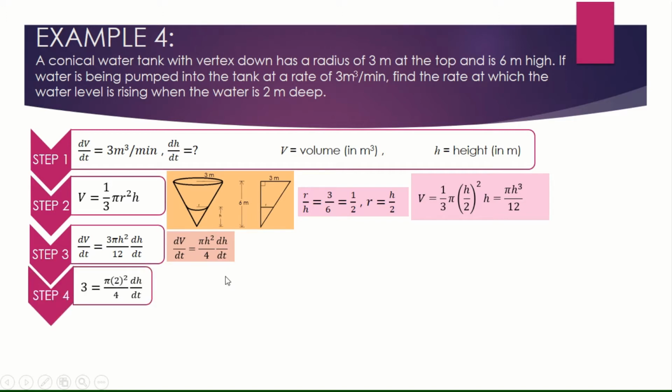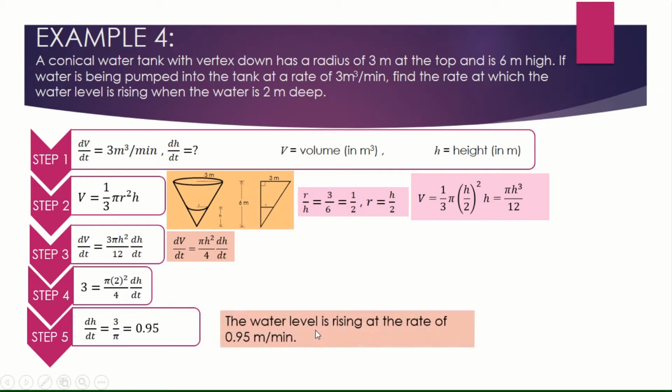Now we substitute dV over dt is 3 and h is 2 meters deep. We replace h with 2, and we get dh over dt is 3 over pi, or 0.95. Therefore, the water level is rising at the rate of 0.95 meters per minute.